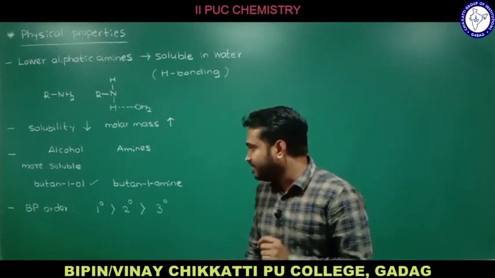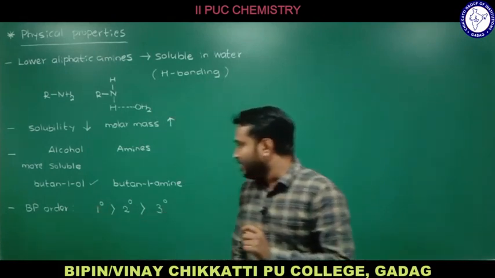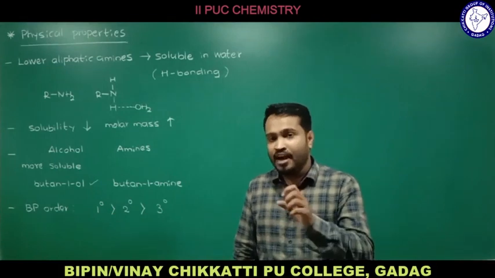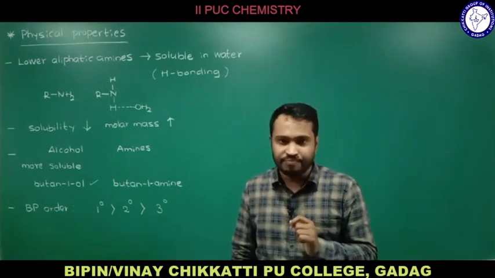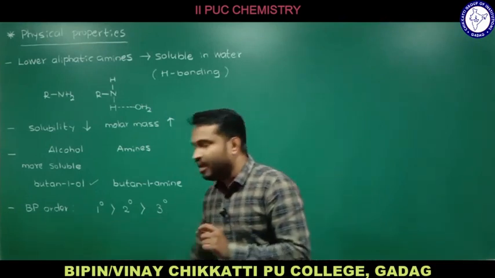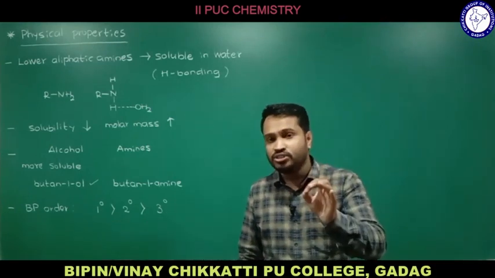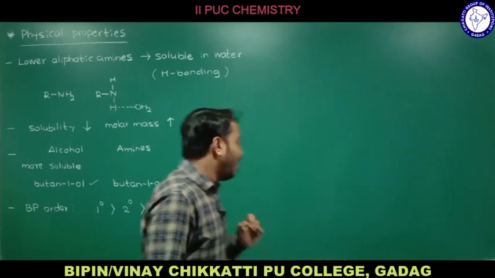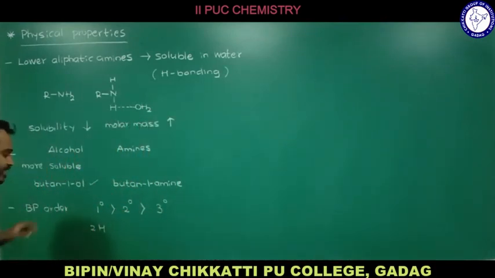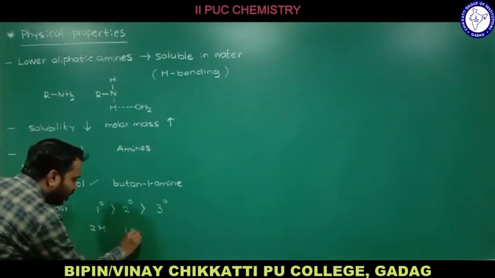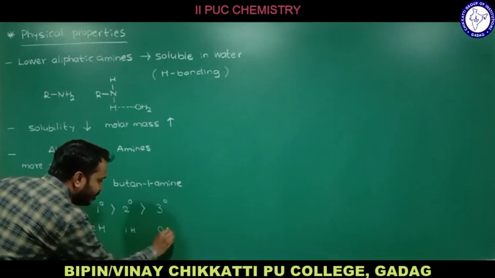Remember that in primary amines, there will be greater intermolecular hydrogen bonding. Why? Because in a primary amine, only one hydrogen of ammonia is replaced by an alkyl or aryl group, so we have two hydrogens in primary amines, whereas in a secondary amine we have one hydrogen. In tertiary amines, we don't have any hydrogen.